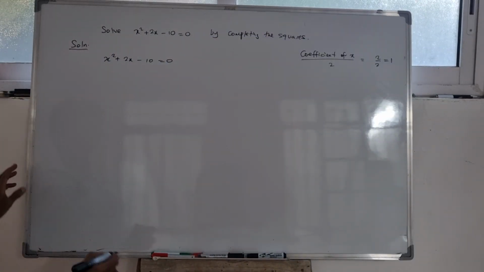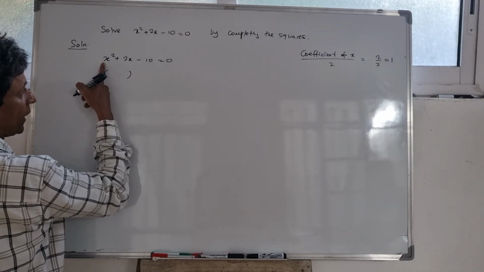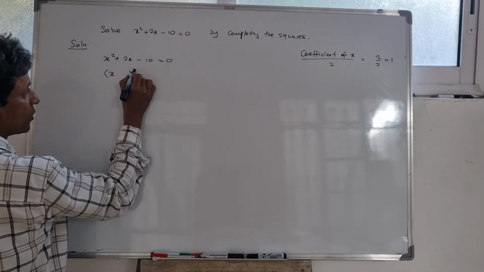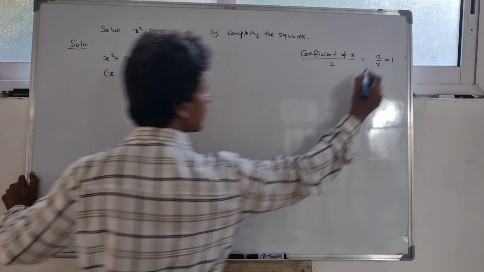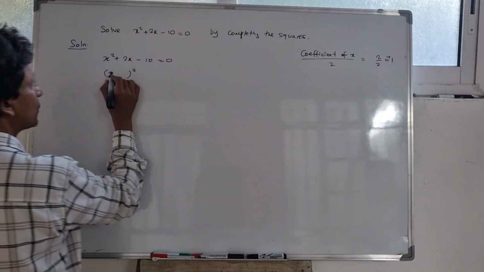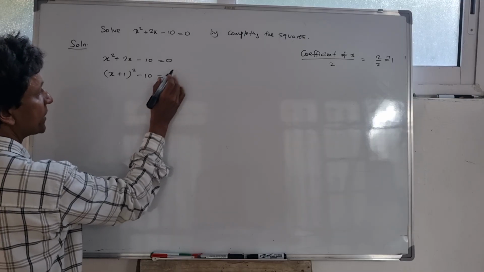The next thing you do, you take a bracket here, the x squared goes inside and the square goes outside. You've got plus 1 there, so you add that 1 inside. And then you minus the 10, and all of that should be equal to 0.